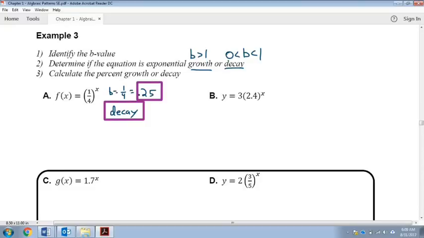Okay, so remember from your vocab, this asks the question: how far from 1? And then to turn it to a percentage, you multiply by 100.